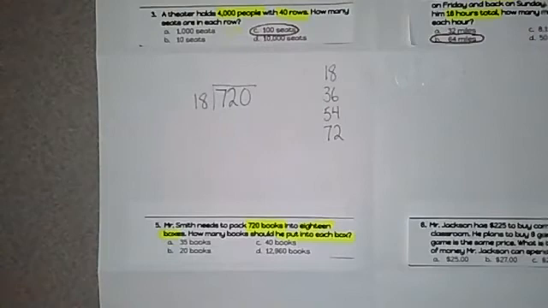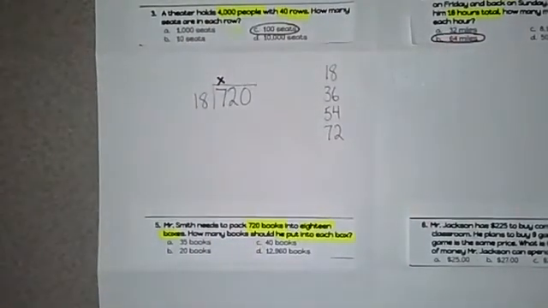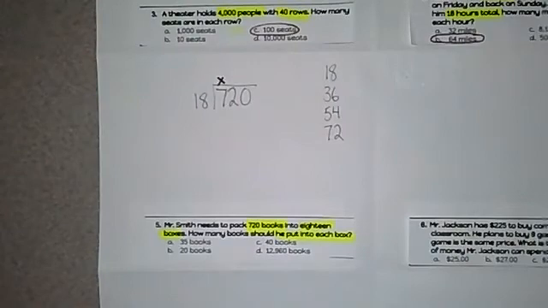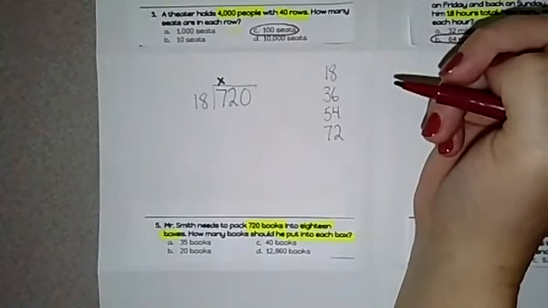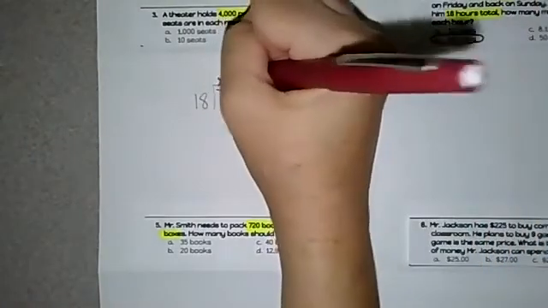All right, how many 18s are in 7, Talia? There are none. Talia, how many 18s are in 72? Look at your list. How many 18s are in 72? 4. That's right. Put your 4 up top.